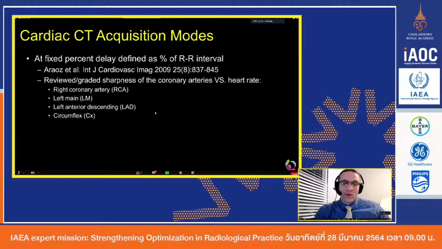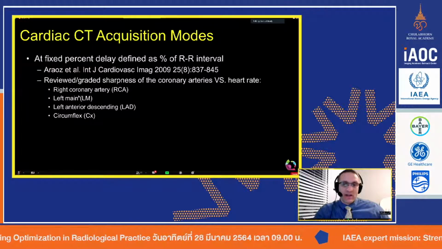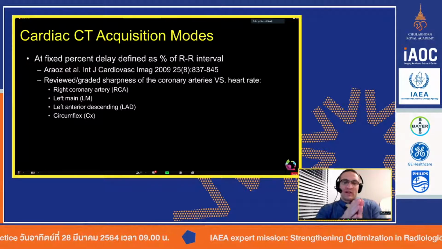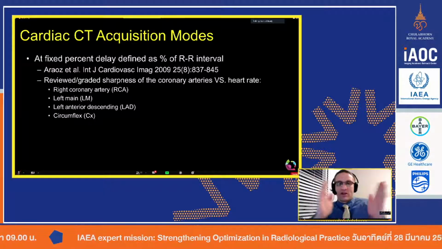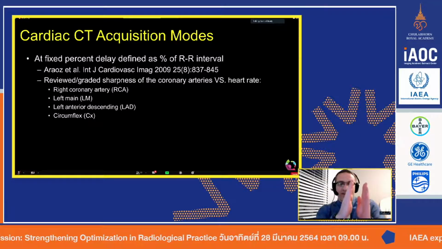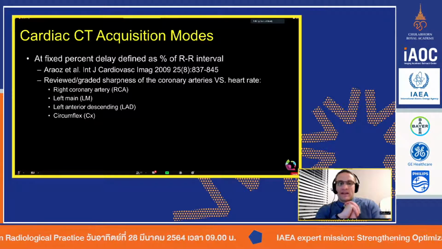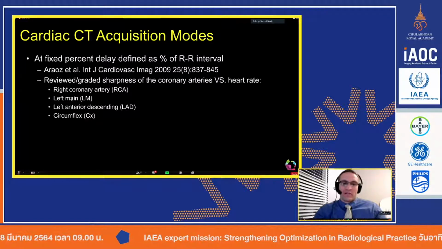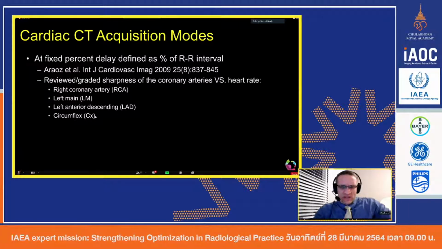So there was a publication that came out, it's been a little over 11 years now. Basically, they acquired a bunch of images, and I'll explain what retrospective is in a minute, but they acquired the image across all of the percentages of the entire heartbeat. Then they reconstructed the images at each one of those percentages and showed them to radiologists and cardiologists, and said, I want you to look at the RCA, the right coronary artery, the left main LM, the left anterior descending LAD, and the circumflex CX.